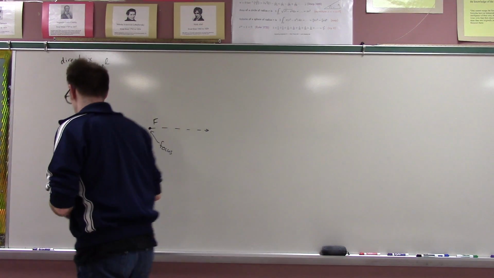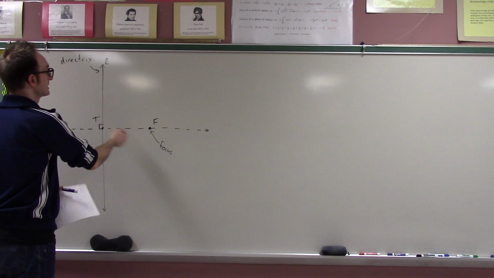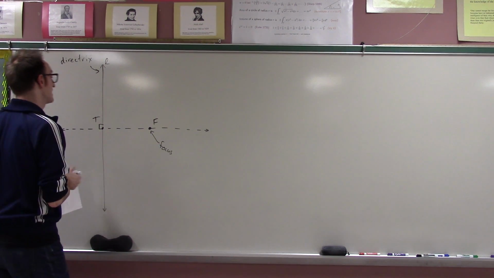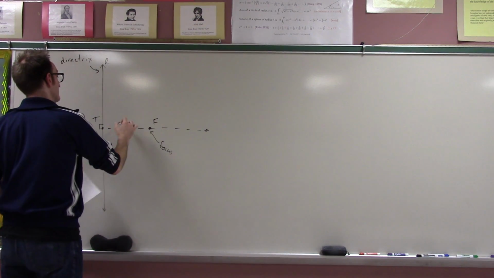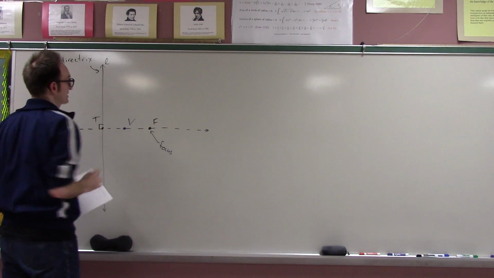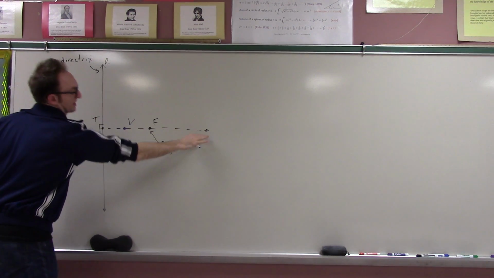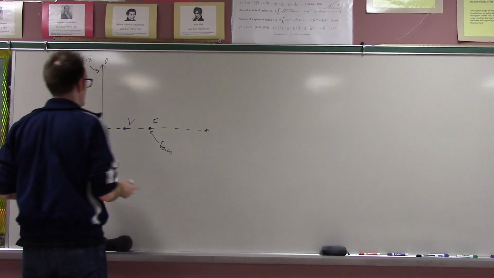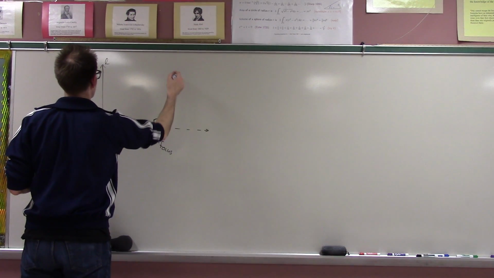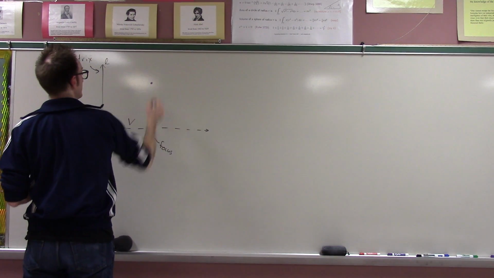So to make this parabola, what is one point which is clearly equally distant from this point and this line? Well, the point halfway between, and that has a name, it's called the vertex. I've dropped a perpendicular, this dotted line, from F to line L. And then I can pick any point, say, that one.